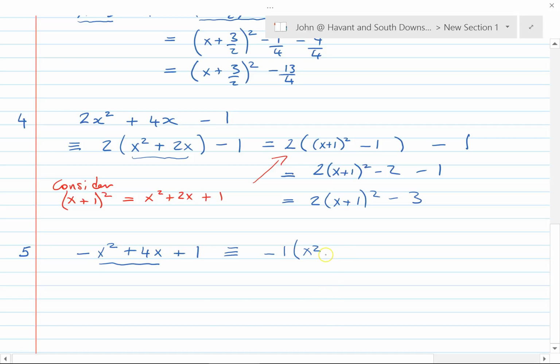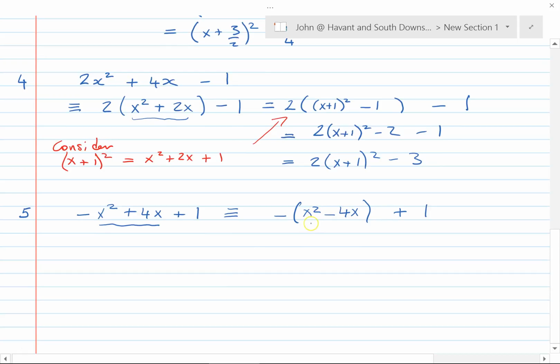Well, you can do the whole bit if you want. I just tend to prefer just to do it to that bit, plus 1. And of course, it seems a little bit infantile to put a minus 1 in front of there, so I'm going to just leave that as a negative. But of course, it's not wrong to put that 1. It's a little bit immature. Okay, so I'm going to write it like that.